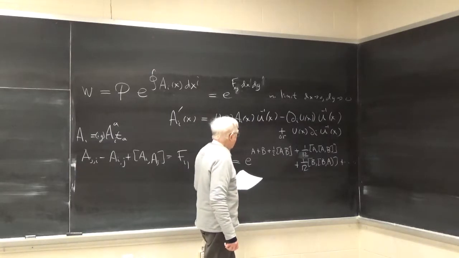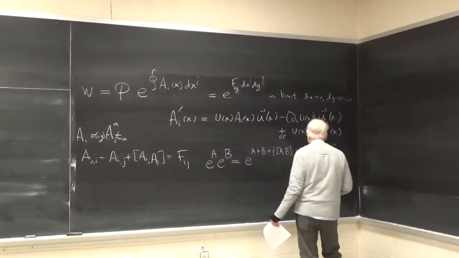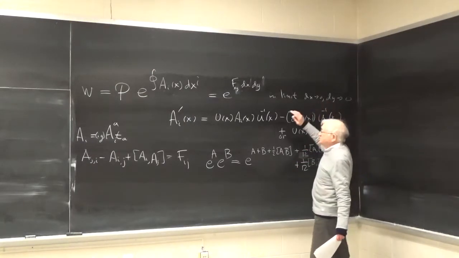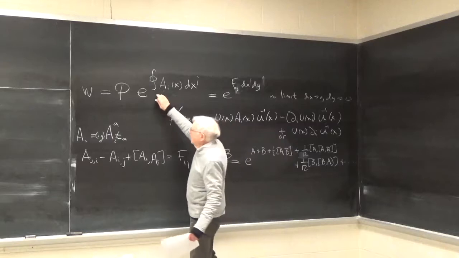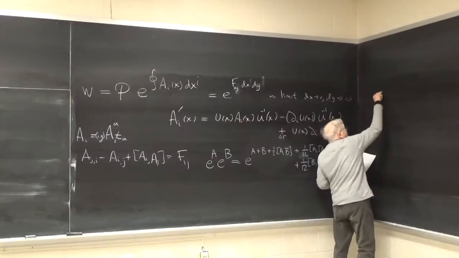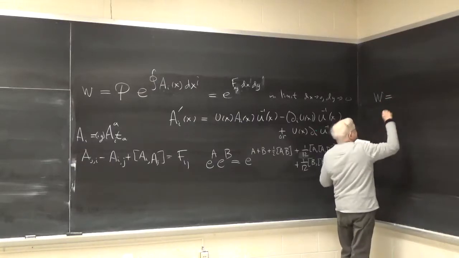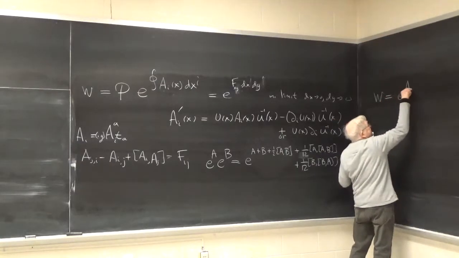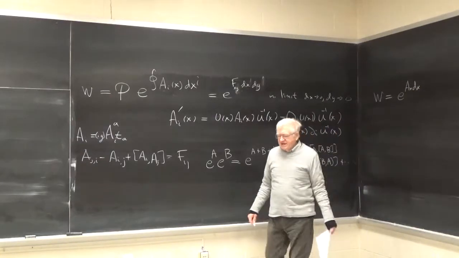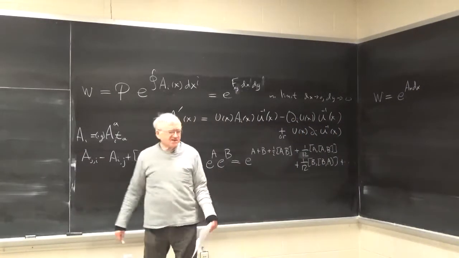So, what I'm going to do then is apply this in the limit in which dx and dy go to 0 and apply it to the Wilson loop. I'm going to write this Wilson loop as e to the A_x dx, where A_x means A in the x direction.